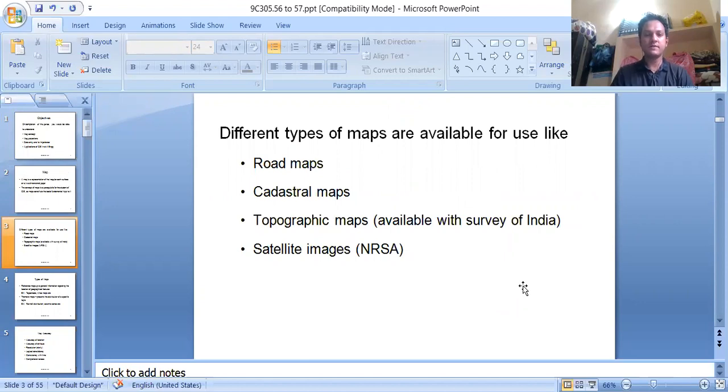We'll see what are the different types of maps available for usage. So there are road maps, cadastral maps, topographic maps, and satellite images. Road maps, cadastral maps, topographic maps available with Survey of India, satellite images. These are all two-dimensional maps.